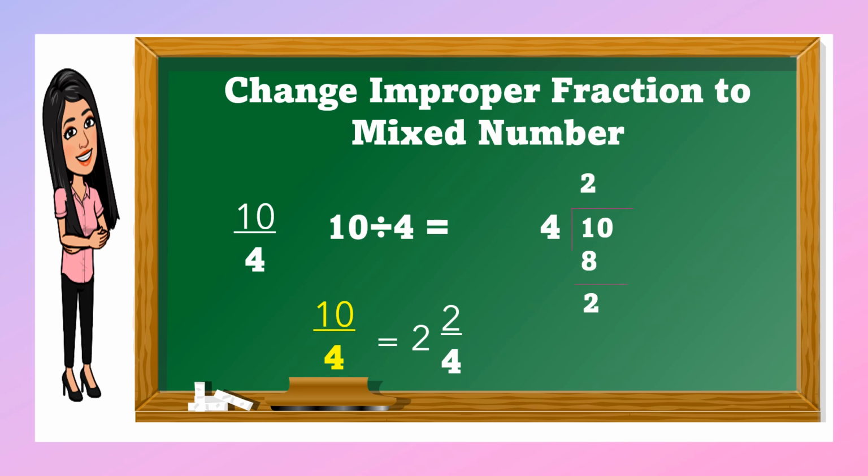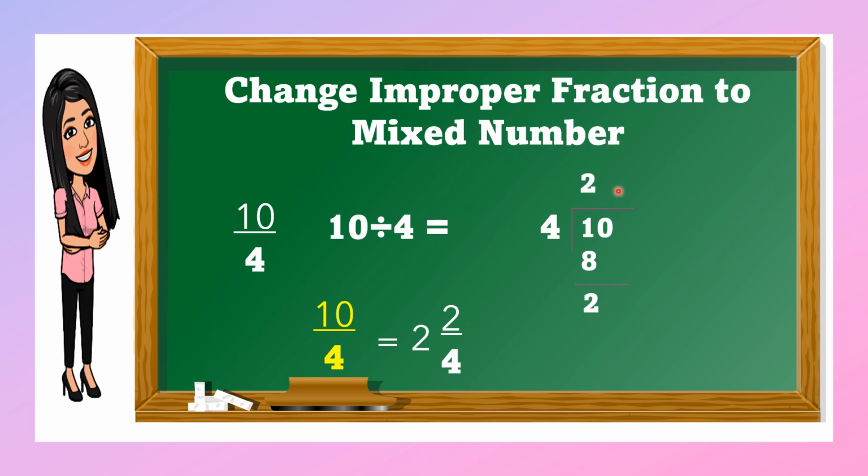So, para maging mixed number si 10/4, ang gagawin yung mga bata ay yung number na nasa ilalim, itong number na nasa ilalim ay ilalagay natin sa numerator.